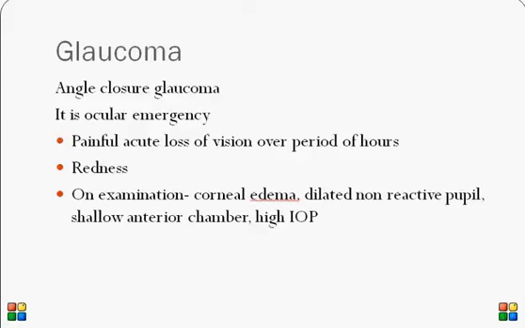When you look at the eye, the cornea appears cloudy, the pupil will be dilated and non-reactive, the anterior chamber will be very shallow, and the intraocular pressure will be very high. As I was telling, the normal pressure is up to 21, whereas in acute angle closure glaucoma it may go as high as 80 mm of mercury.